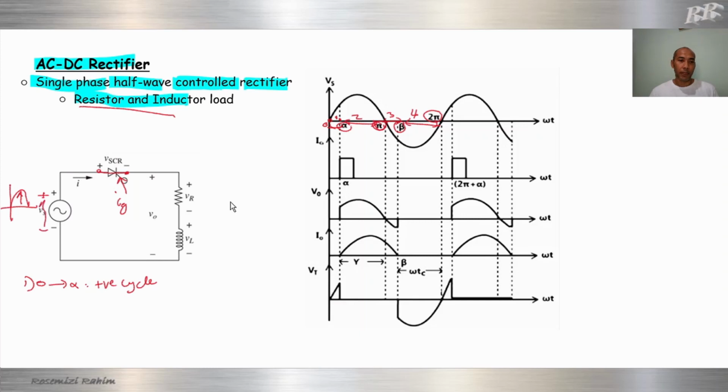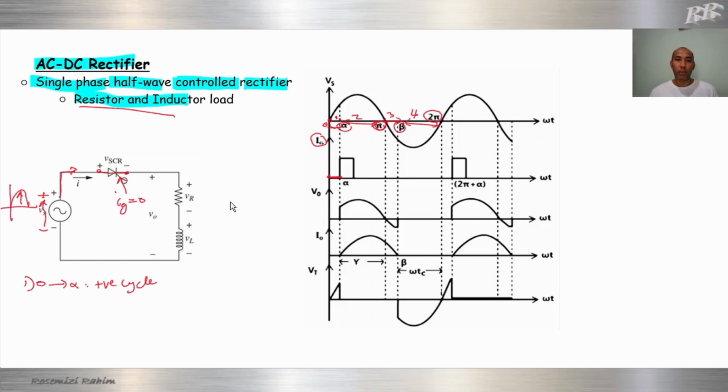Voltage will be like this, and current will flow from positive terminal, go to SCR, the Thyristor. In this case, from 0 to alpha, look at gate current. From 0 to alpha, there is no gate current. Ig equal to 0.